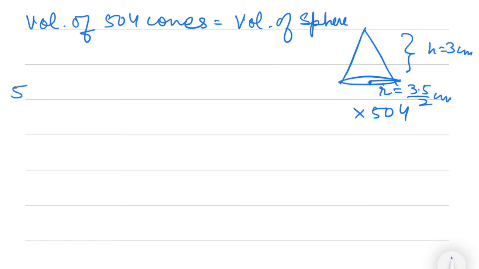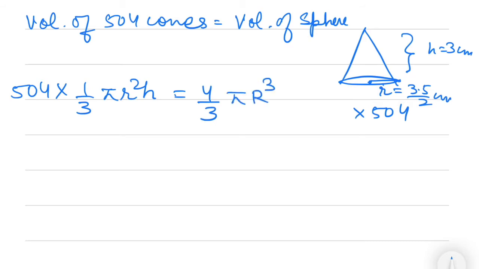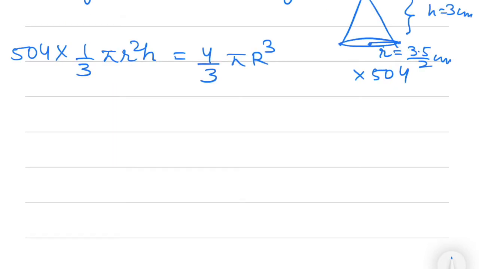So let's write down the formula first. 504 cones, and volume of one cone is 1 by 3 pi r square h is equal to volume of a sphere is 4 by 3 pi R cube. I have taken small r and capital R to differentiate between the radii of cone and sphere. Let's substitute the values now.